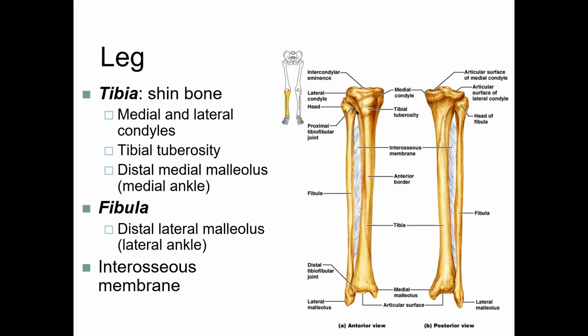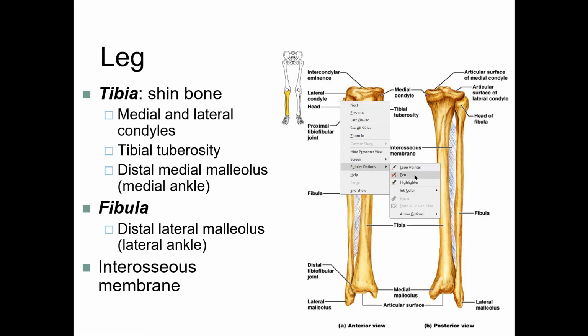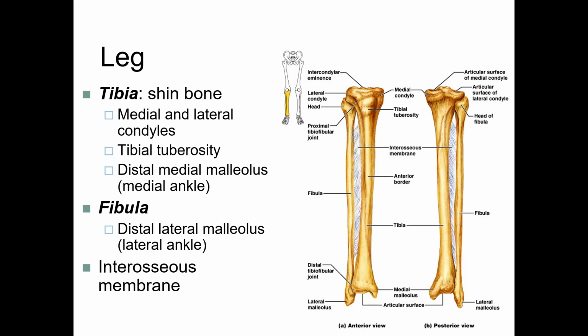Instead, it forms a joint with the tibia itself. And the position of this joint is important because as it sits here with the fibula essentially forming a joint below the widened head of the tibia, this here is a supporting joint. It's like a pillar in a building that the roof sits on, okay?